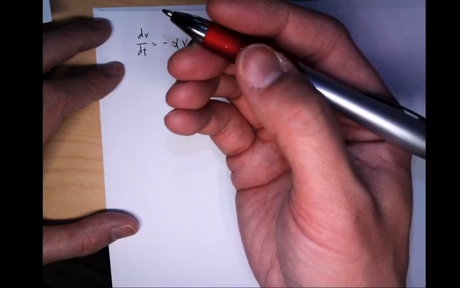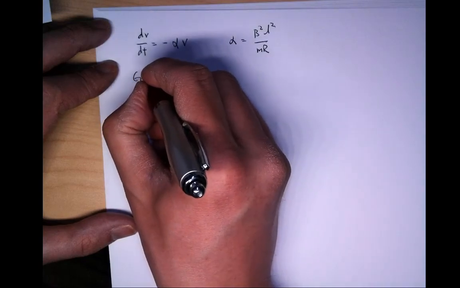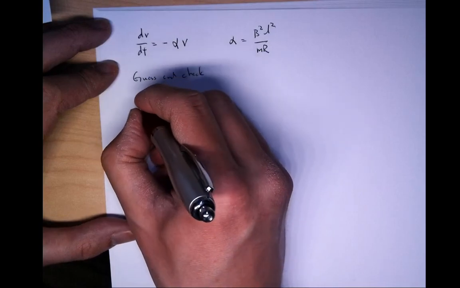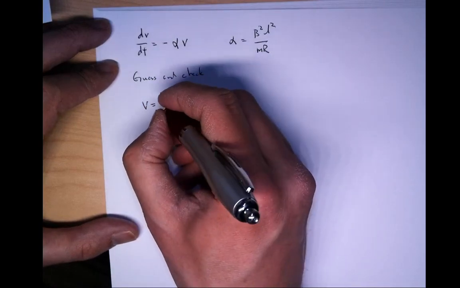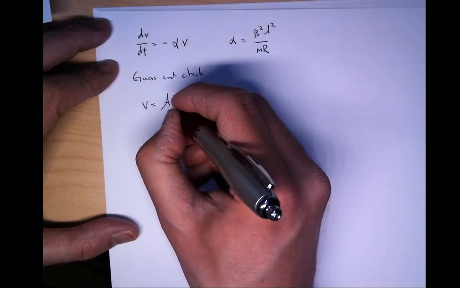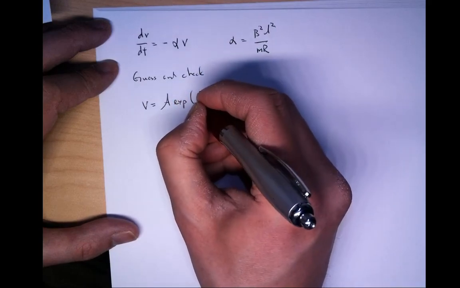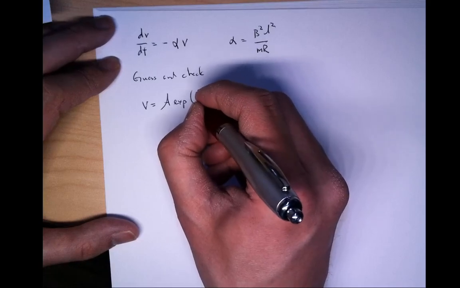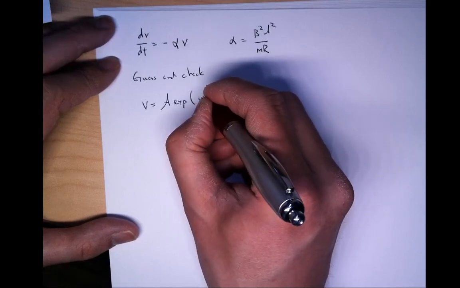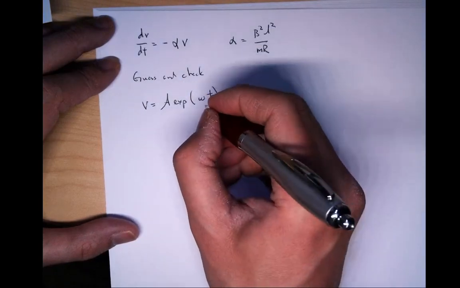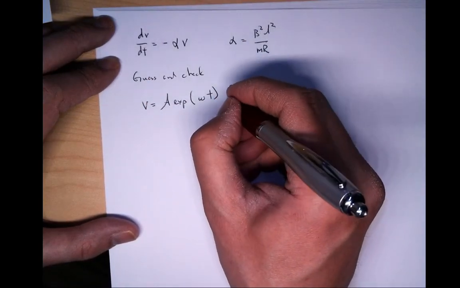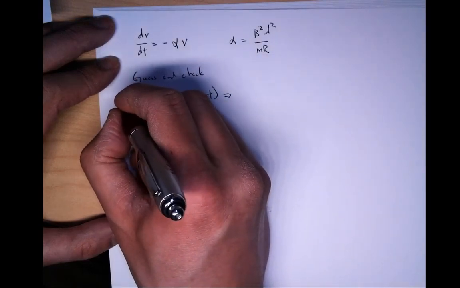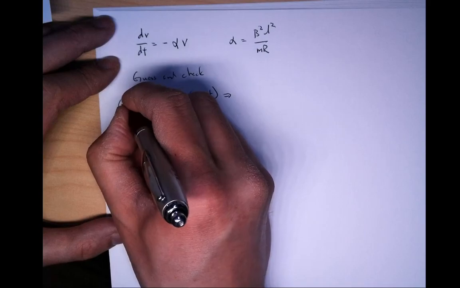Now this is basically guess and check. The guess is v is equal to some amplitude A times exponent omega t. I could call this anything I want, but I'll call it omega t. Usually I like alpha here, but I used alpha just a second ago. That's the guess.